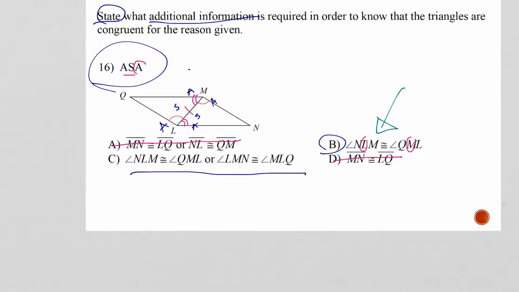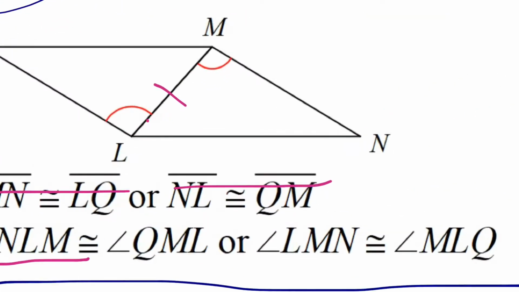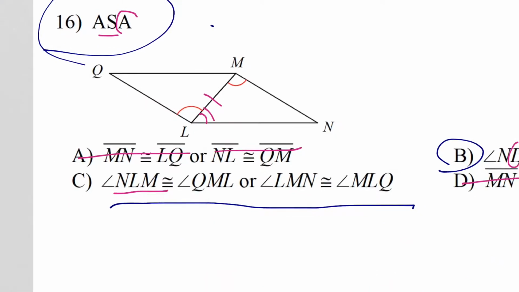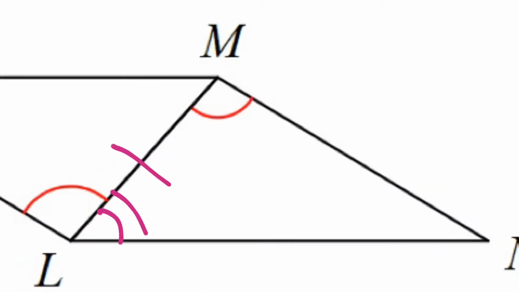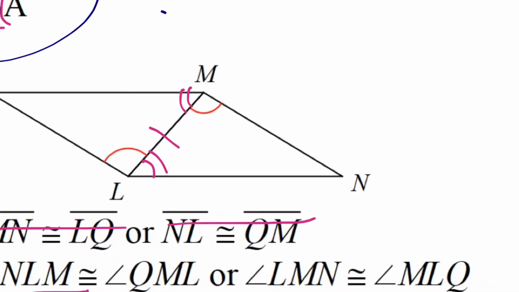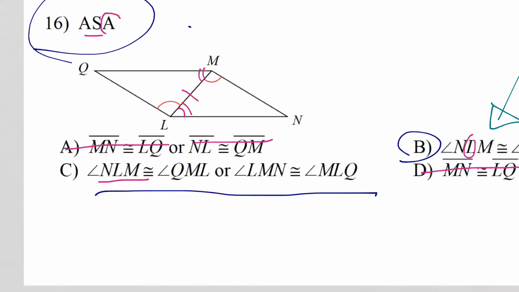This one doesn't work, and I'll tell you why. If we use NLM, that's this one, is equal to QML, that'll make it angle, side, angle. But let me check LMN.